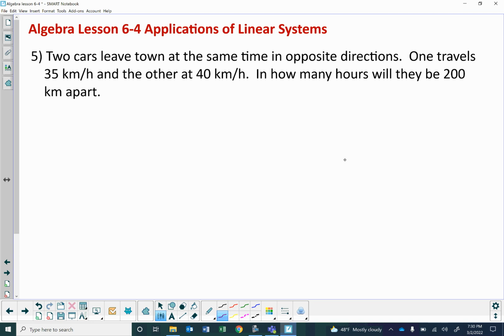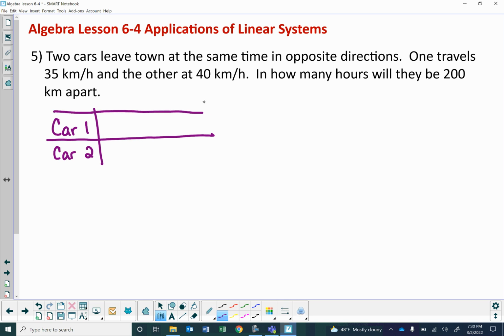So I have two cars. I'm going to aptly name them car 1 and car 2 because that's simple for me. Distance, rate, time. Okay.